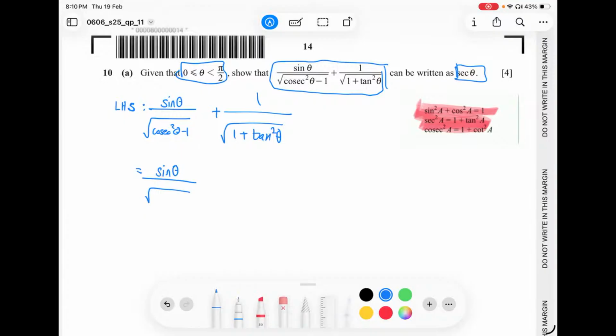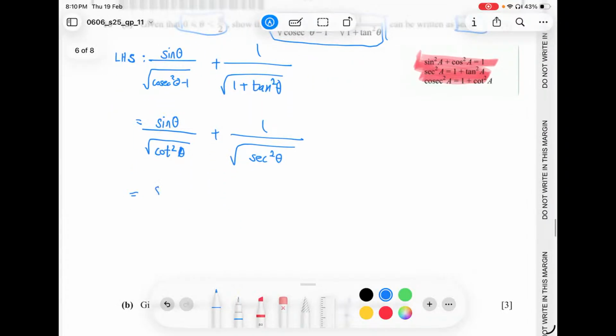What's root cosecant squared minus 1? Cosecant squared A is equal to 1 plus cot squared A, so you'll get root cot squared theta. And then plus 1 over root of 1 plus tan squared theta, which is basically secant squared theta. Now, when you square root a square, you get the original. So sine theta over cot theta plus 1 over secant theta.